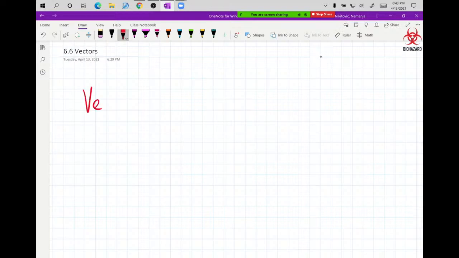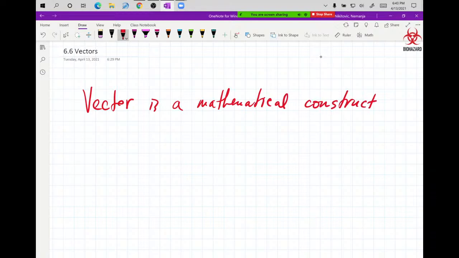So a vector is a mathematical construct. They don't exist. You don't see a vector walking down the street. We use it to describe things.